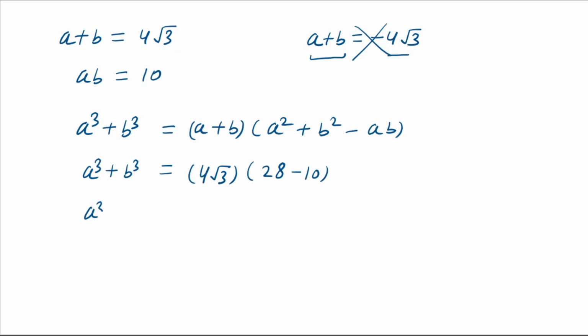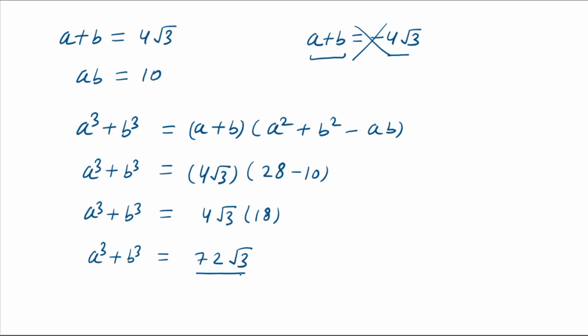So a cube plus b cube equals 4 times the square root of 3 times (28 minus 10, which is 18). So a cube plus b cube equals 4 times 18, which is 72 times the square root of 3. Here the value of the expression a cube plus b cube is 72 times the square root of 3.